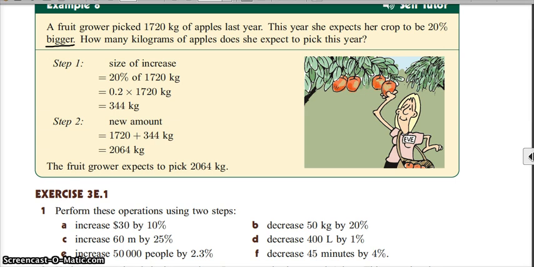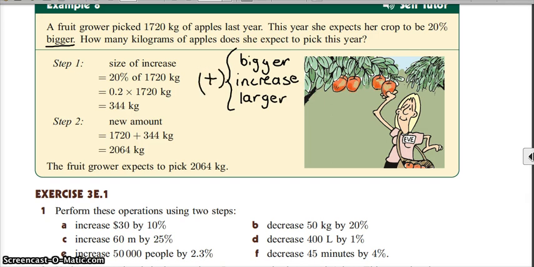Whenever you see the words bigger or increase or larger, any of those words will see you add in this section. You subtract when you see the words decrease or less or something like that.